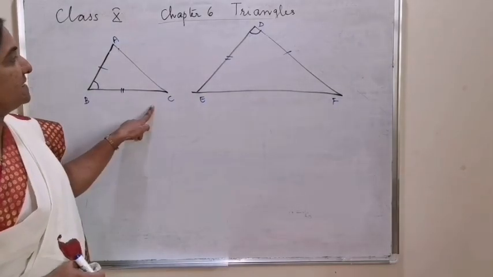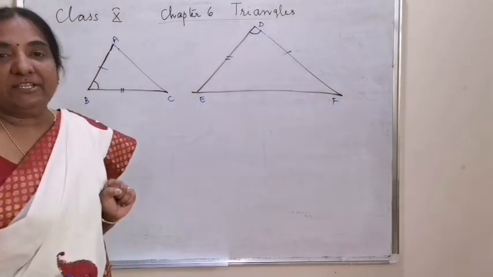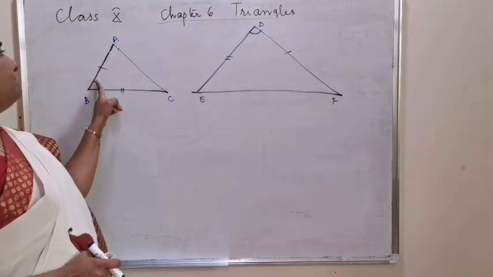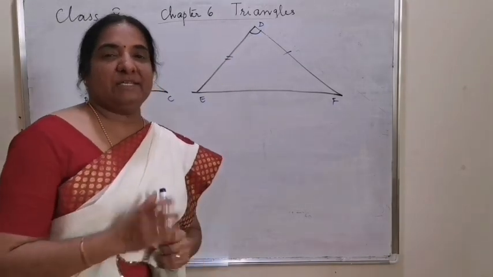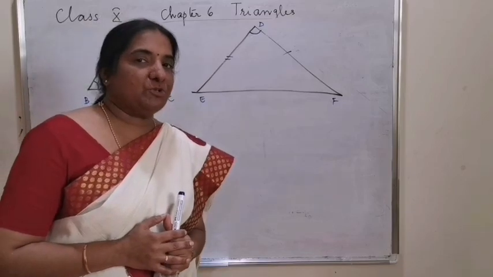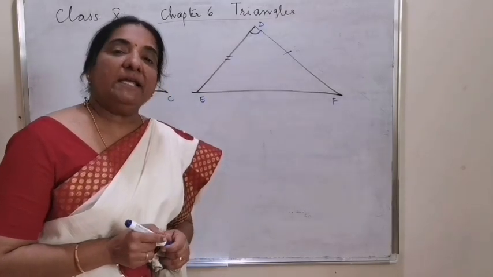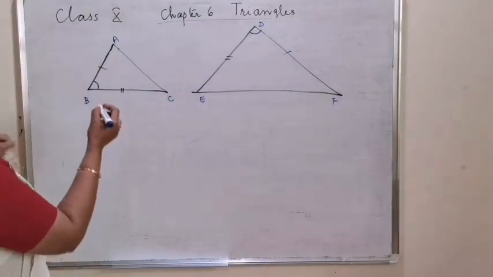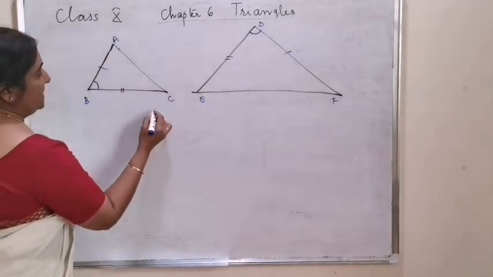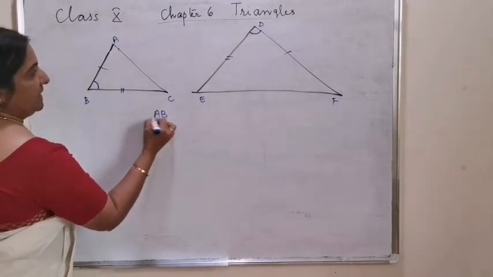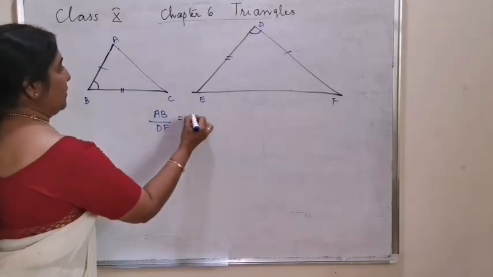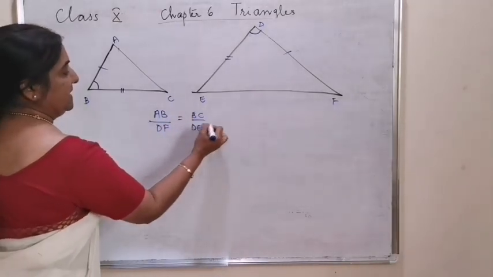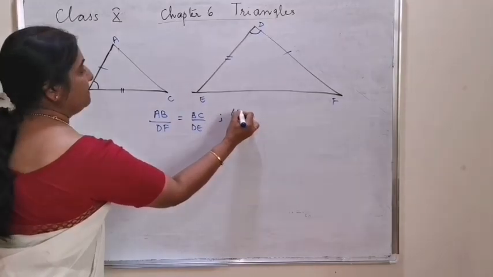The length of BC is proportional to the length of DE. Angle B and angle D are equal because in similar triangles the sides have to be proportional but angles are equal.